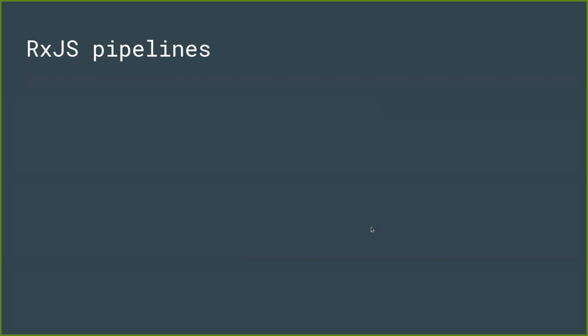Let's have a look over a pipeline structure now. Every pipeline has to start with a creation operator. That's the law. You always have to start with a creation operator.